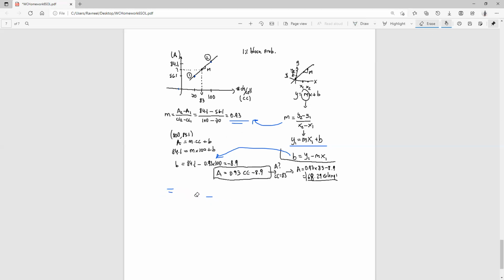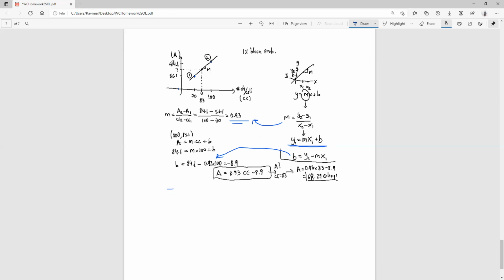Sorry about this, the equations were written over here. Once we find the b value, we can rewrite the whole equation. We know our m and we know our b, so we can write the equation for this line.